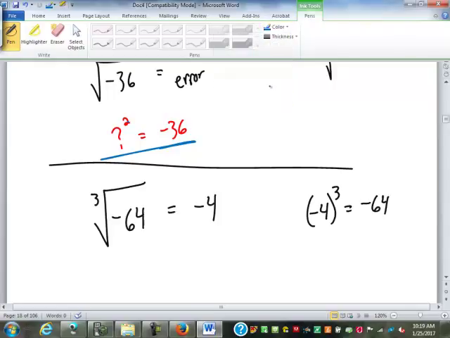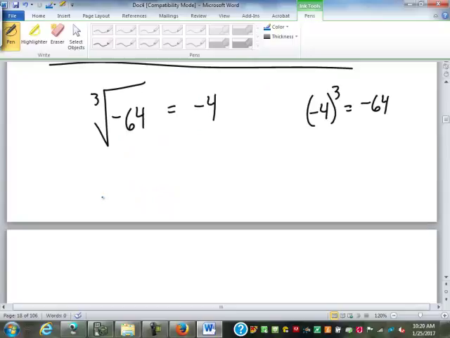So because our even powers are always going to give us positive answers, we cannot do an even root of a negative number. I cannot take a fourth root of a negative 512. It's not going to work because it's an even root. I can take a fifth root of negative 512 because it's an odd root.